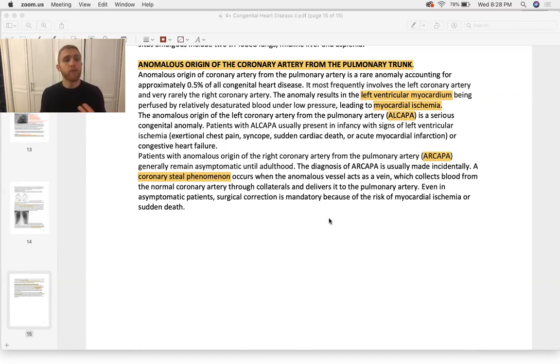ARCAPA presents with this coronary steal phenomenon by which the pressure inside the right coronary artery is so low that blood diffuses through the tissue of the heart into the coronary artery, and the right coronary artery becomes as a vein and delivers that blood back to the pulmonary artery.